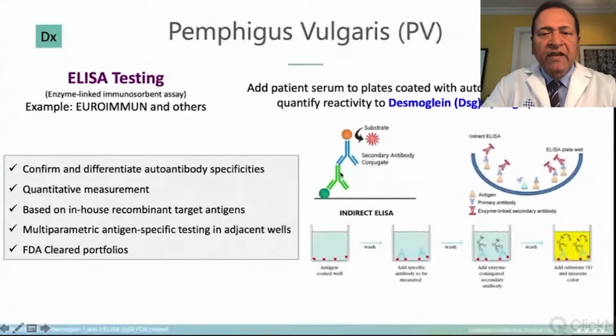Take patient serum, come with a secondary antibody that's linked to an enzyme, and then a substrate is added, and you get a colorimetric assay so that you can confirm the presence of autoantibodies to desmoglein 3 and 1 in this case, and quantitate them. Autoimmune has a nice ELISA test for this that's been FDA cleared.